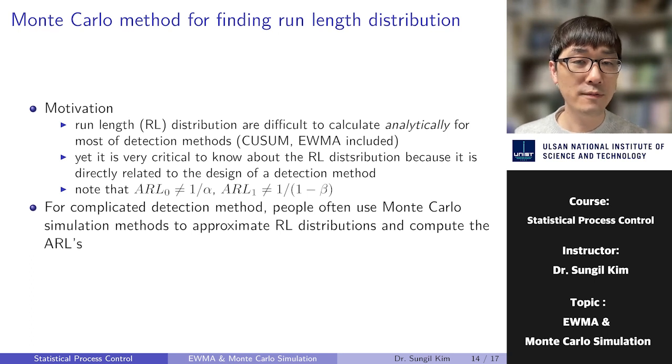However, for most detection methods, including the CUSUM and EWMA charts, run length distributions are difficult to calculate analytically. For such complicated detection methods, Monte Carlo simulation methods were developed to approximate run length distributions and compute the ARLs.